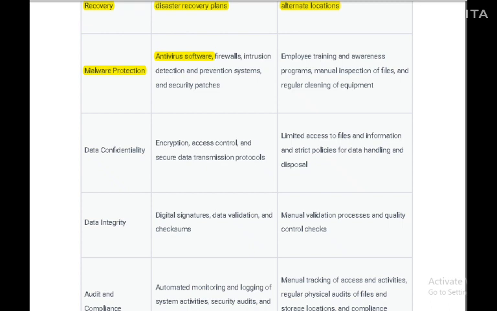Whereas in a manual-based system, we can provide awareness programs for employees to make them aware of intrusion and malware attacks. And we can manually inspect our files to check whether the confidentiality, integrity, and availability of the files is maintained or not.